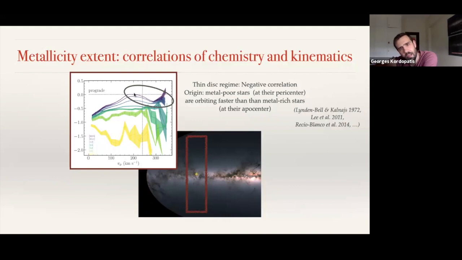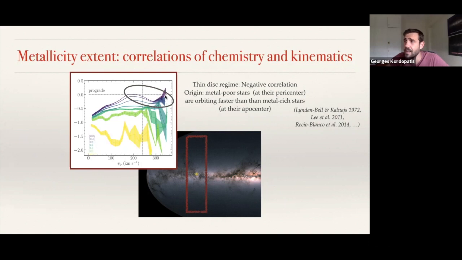First of all, for the faster stars, which is basically the thin disk regime, you can see a negative correlation between the metallicity and V phi, which has already been suggested by Lindblad and Kalnajs back in 1972.